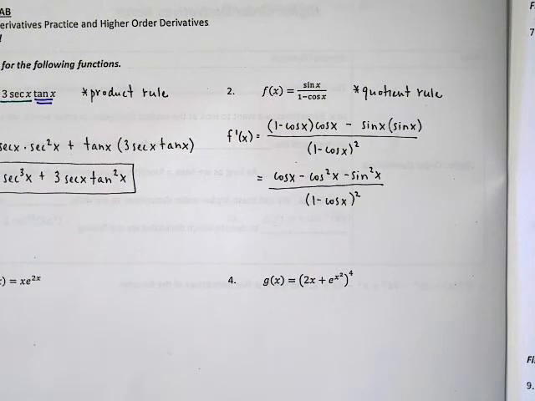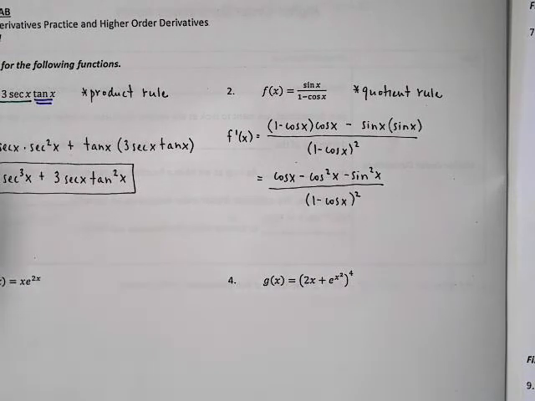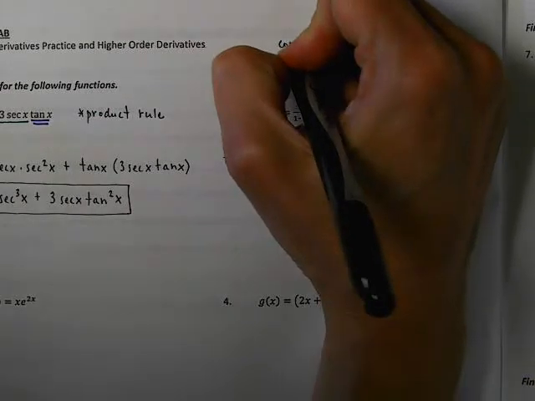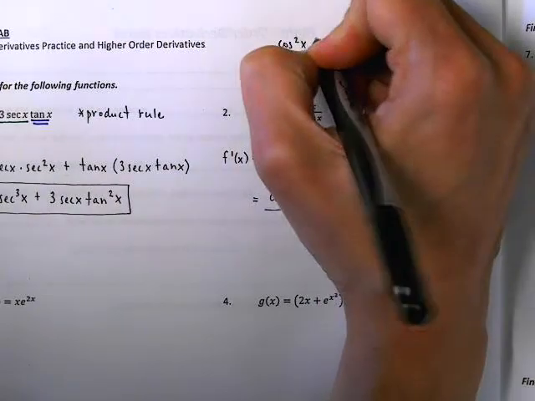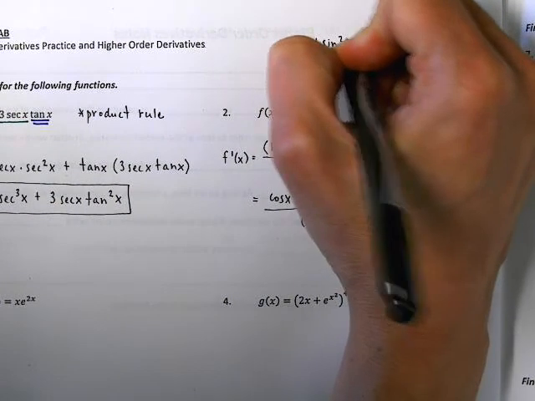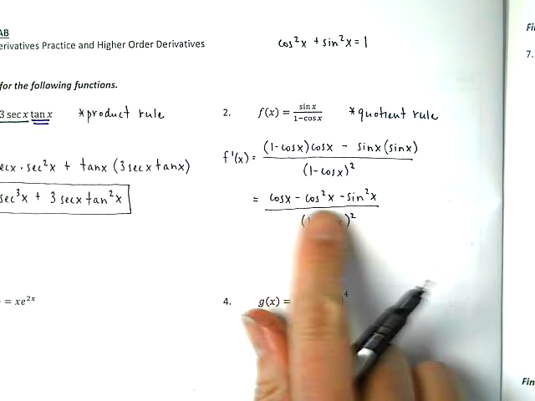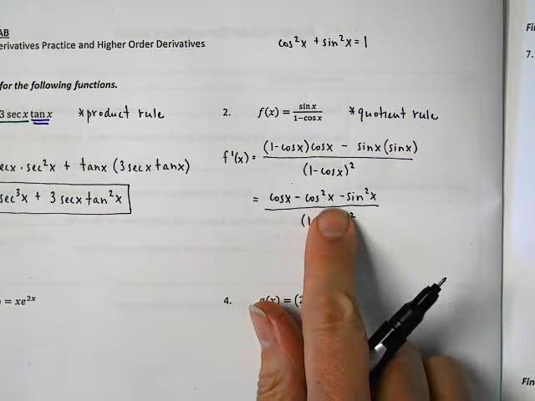Now, here's where I will show you something, because this comes up a lot of times on multiple choice, and I want us to recognize it. I know there's an identity, which says cosine squared of x plus sine squared of x equals 1. And I notice I have both of those here, it's just that the signs are opposite.